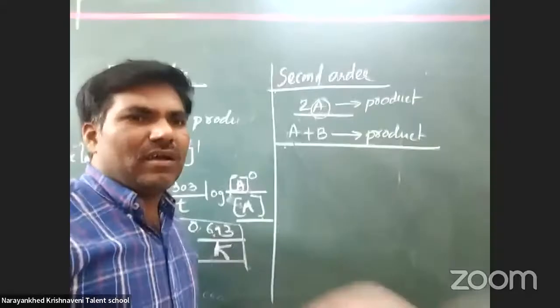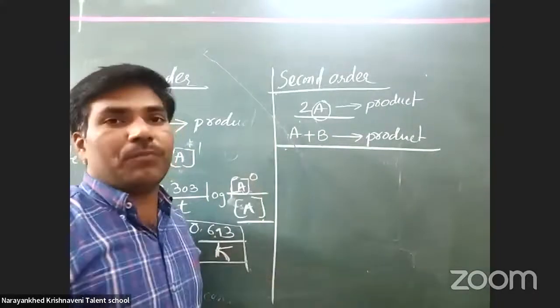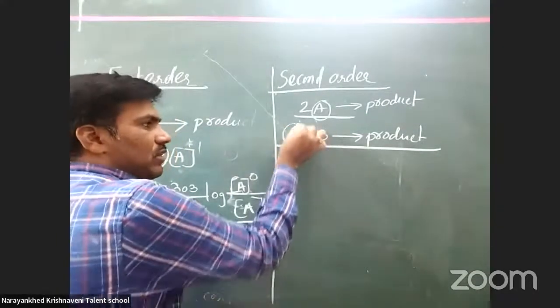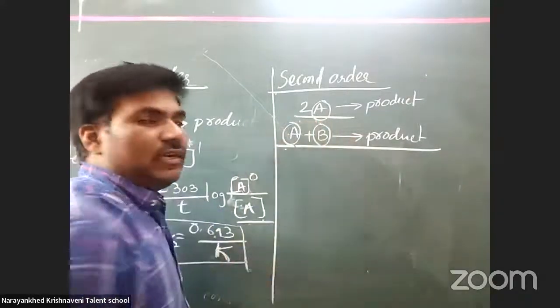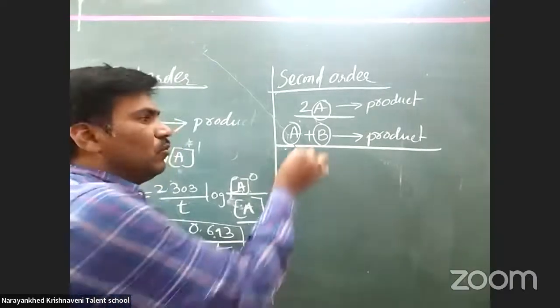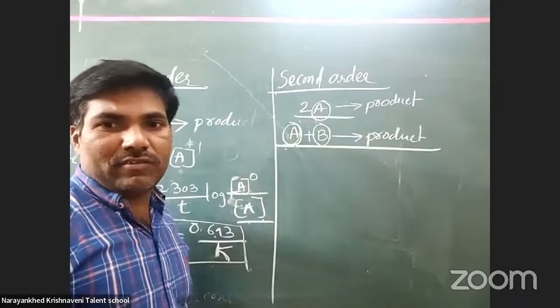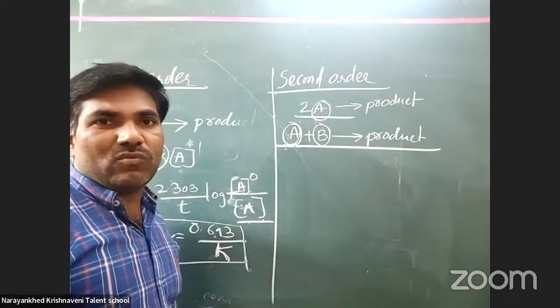One is A, another one is B. Suppose you take 2 components here. In this equation, one reactant is A, another reactant is B. Now these 2 reactants are there. That will be called, yes, what is it?